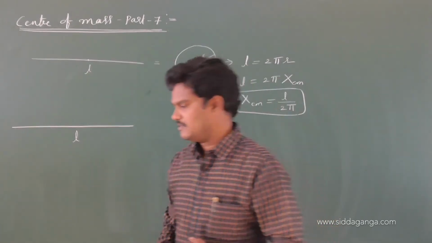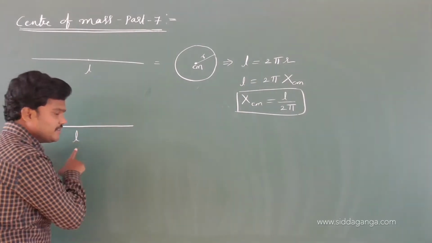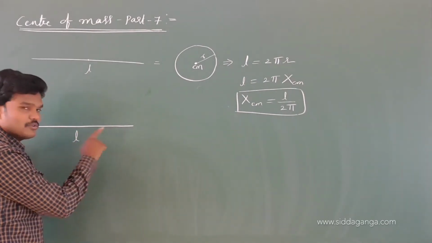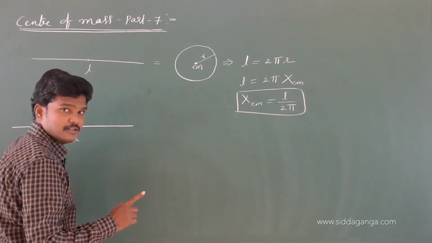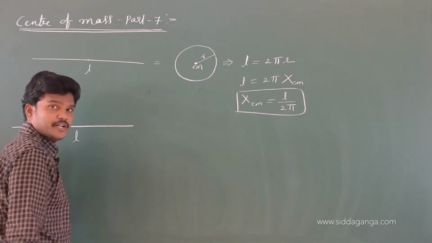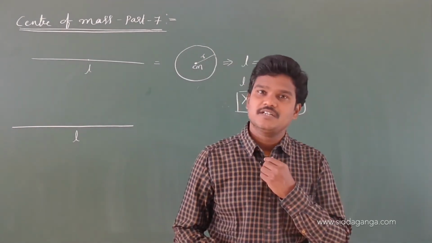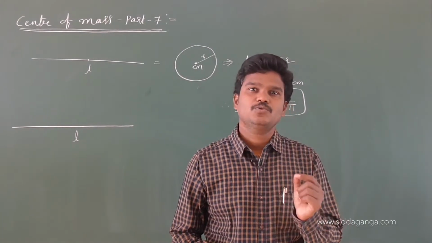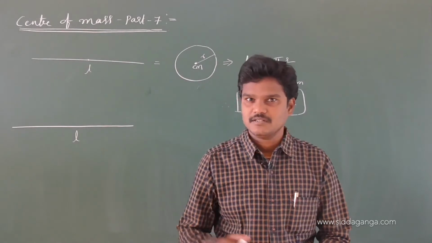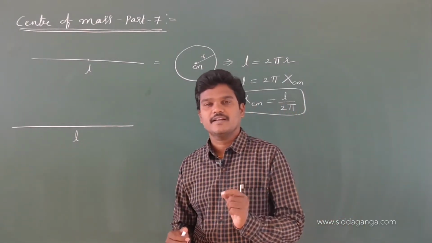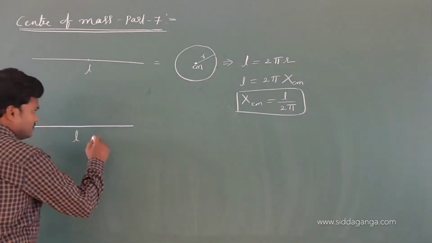Let me repeat. Maintain the words. A uniform rod of length L. This is the uniform rod of length L, bent at the midpoint such that the two parts make an angle theta.